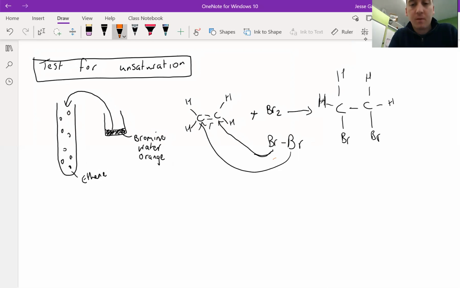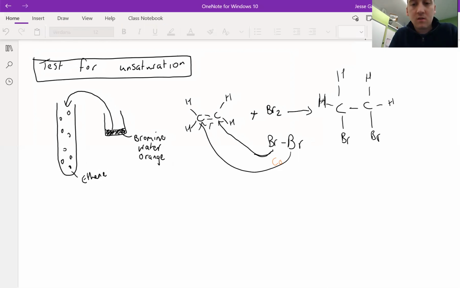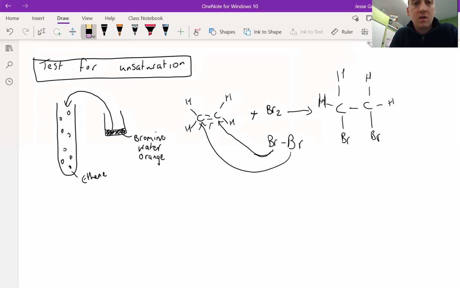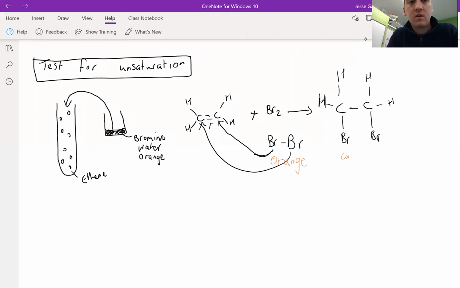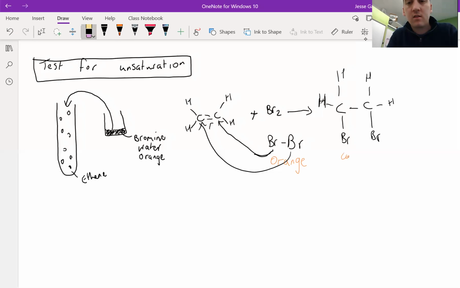Remember, the bromine water was orange or brown, and this substance is colorless.